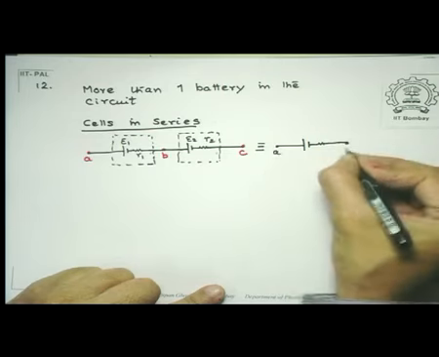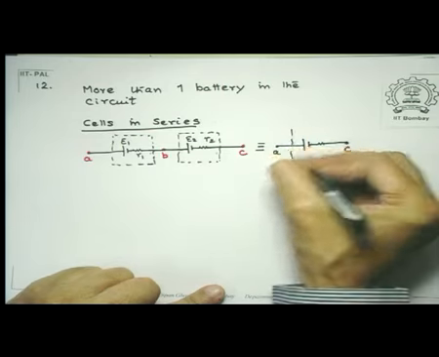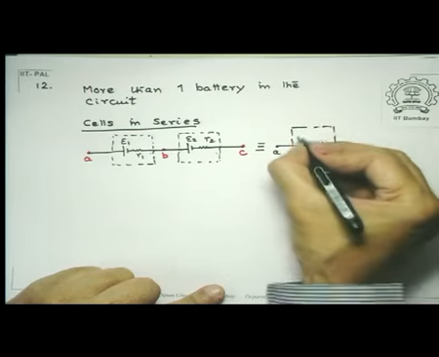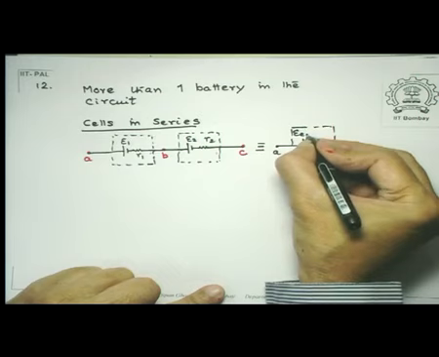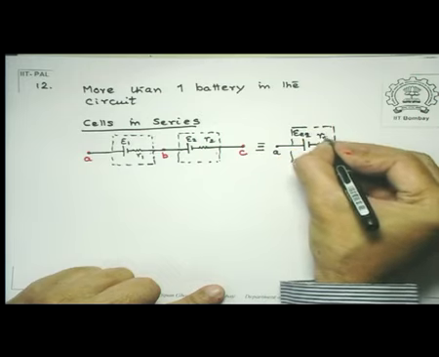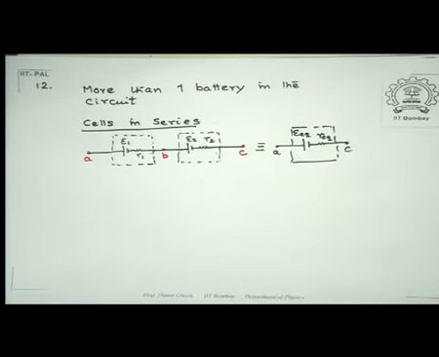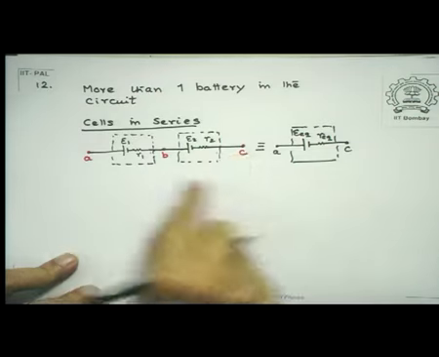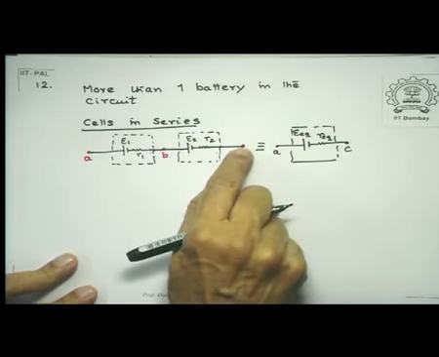This is AC, and if you like, I will call them E equivalent and R equivalent. If it is possible to replace them, how do I do it? Now let us look at this. So what is VC?